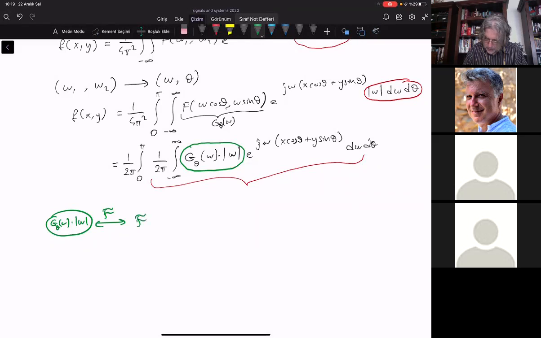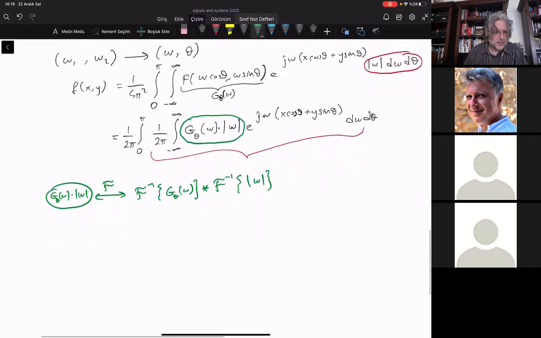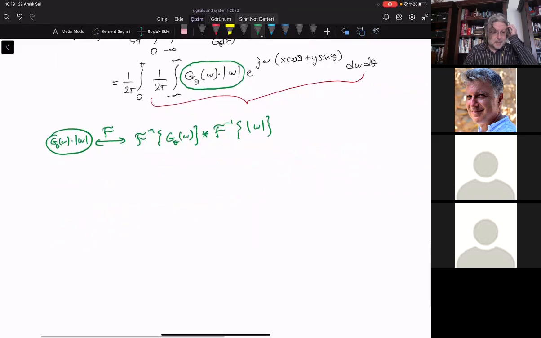It's the inverse Fourier transform of g theta of omega convolved with the inverse Fourier transform of the absolute value of omega. Okay, that is convolution versus multiplication in the Fourier domain. The thing that we need to know is not this one, because this one is clearly g theta of s. It's just the time signal.